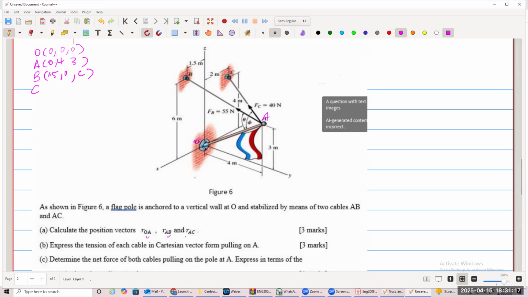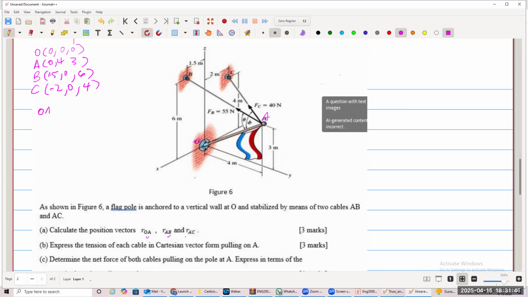Okay, good. And C now, X is -2. Beautiful. It's behind the origin, going in the negative x-axis. And what is Y? 0. Beautiful. And Z is 4. Beautiful.